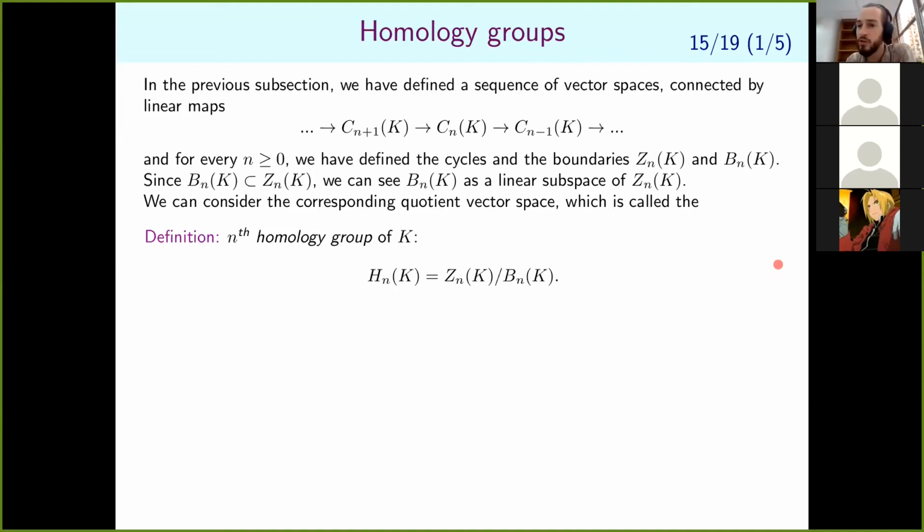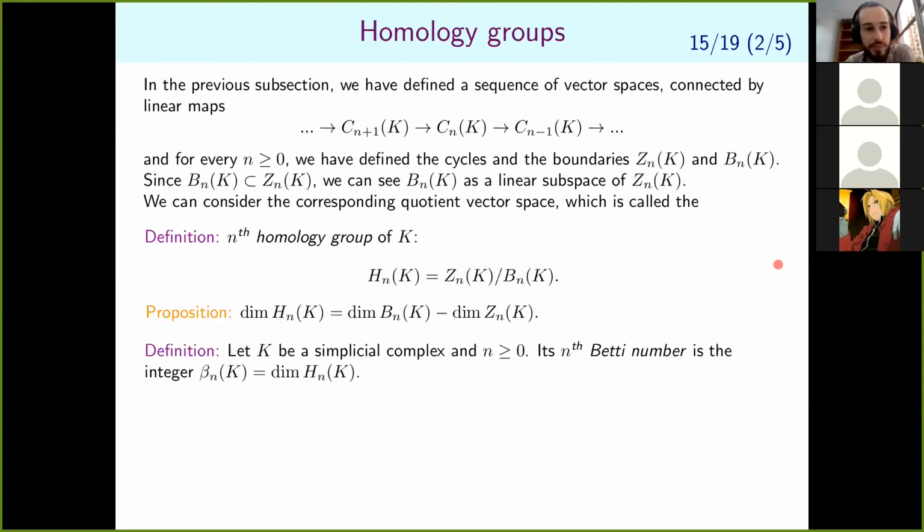And if we use the results of the first section of this lesson, we can say that the dimension of the homology group of order n is the dimension of the cycles minus the dimension of the boundaries.